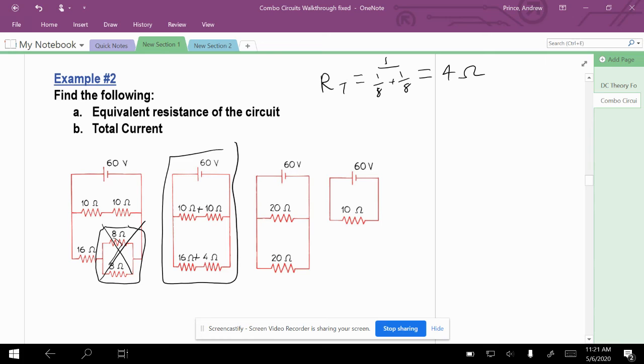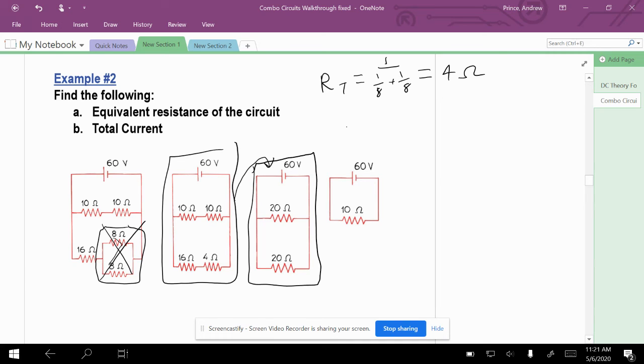So we have 10 plus 10, and that's going to give us 20 ohms. 16 plus 4, and that's going to give us 20 ohms as well. So now we looked at how to go from here to this one, which now that's an even simpler circuit. Now we just have two resistors hooked up in parallel, which is really easy for us to solve.